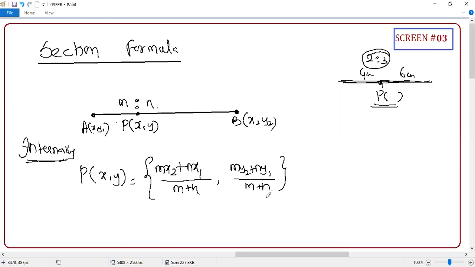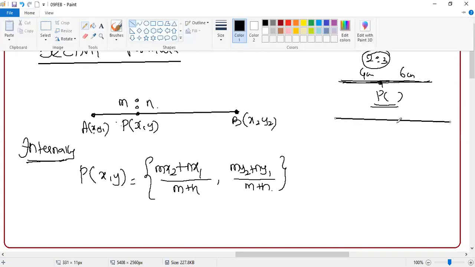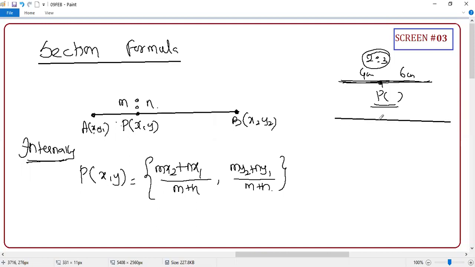Sometimes they will ask externally. Sir, what is that, externally? Sometimes what will happen, students? A point is there, the segment AB is here, but the point is not in between AB; sometimes the point is outside.